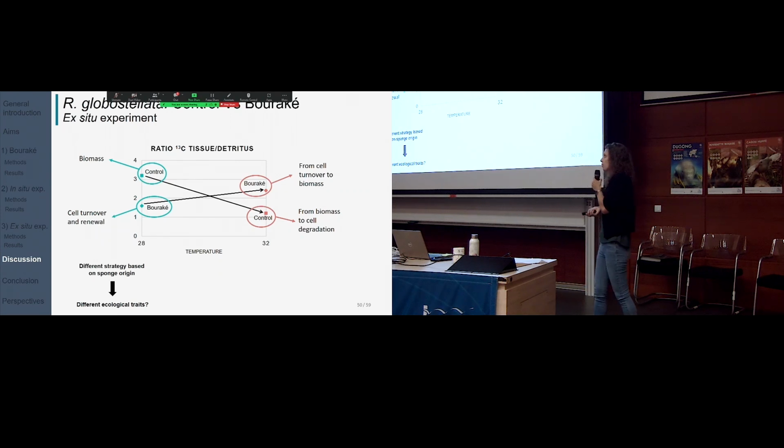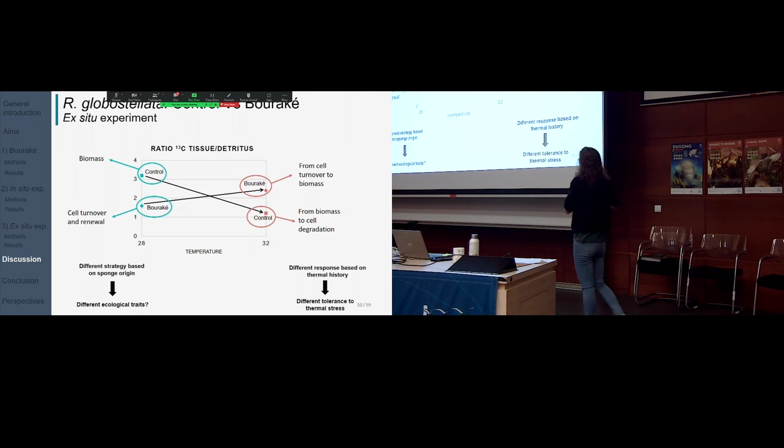Then the different response faced with higher temperature could reflect a different tolerance to higher temperature and also a different thermal history of the two sponge species. Burack sponges seem to have the best strategies to cope with higher temperature and then save energy and prevent cellular damage, a preventing mechanism that control sponges seem not to have.